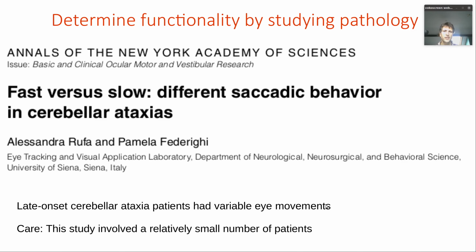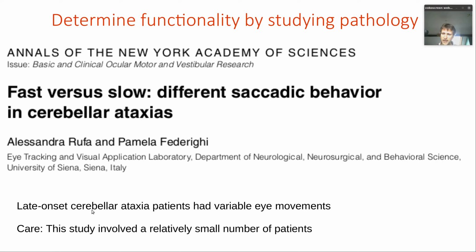Another way to study the cerebellum or any other brain region is to look at pathology. If you can find people or animals that have got problems in a specific region, and this paper covers a number of patients who had cerebellar ataxias, problems with their cerebellums, and it looked at their saccadic behavior.